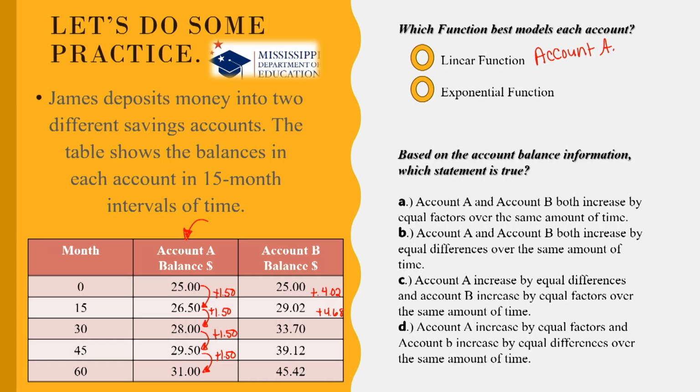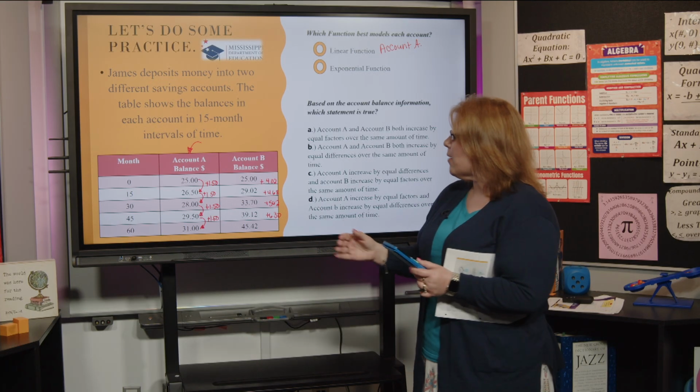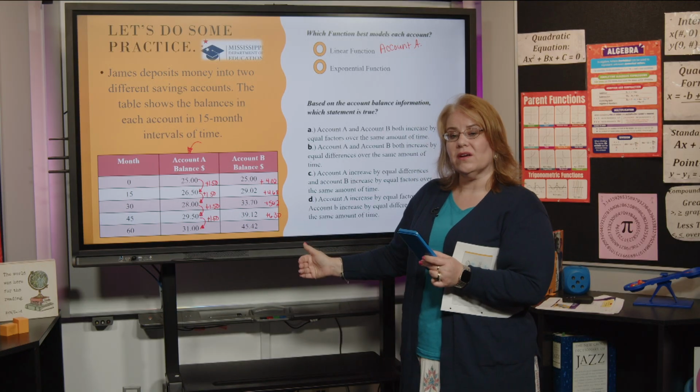Then I had $39.12 minus $33.70, which was $5.42. And then I had $45.42 minus $39.12, and I get $6.30. So obviously I'm not adding anything. So how could I possibly find what I'm doing here?